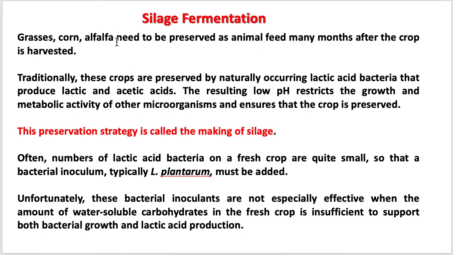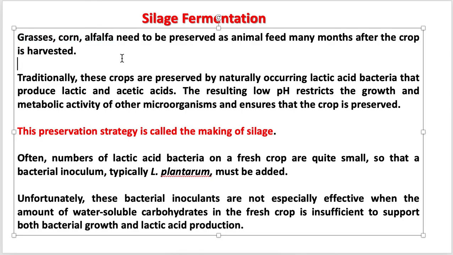For example, after you harvest the crops, the remaining straw, grasses, or even the corn itself and alfalfa can be used as animal feed, so they need to be preserved for the long term. If we just leave them, different microbes will attack them and they will get degraded.